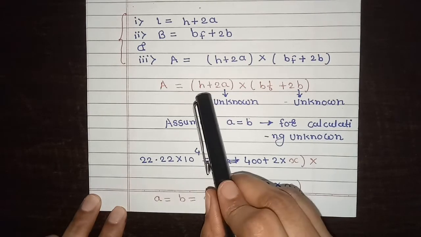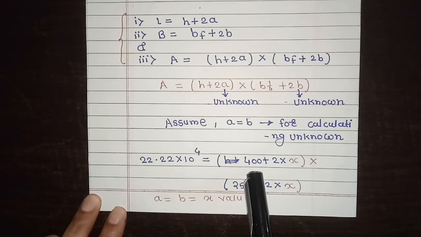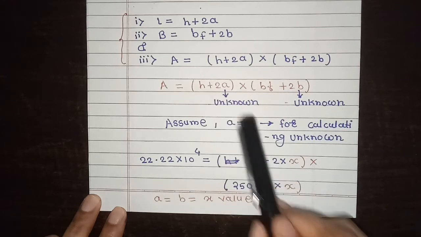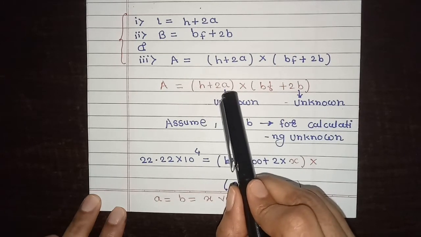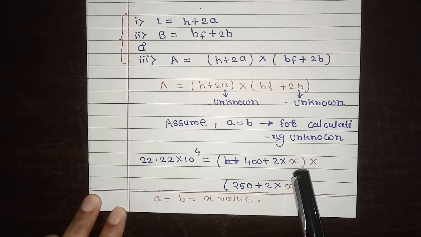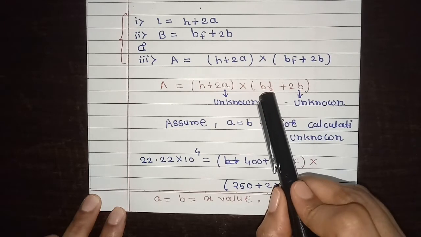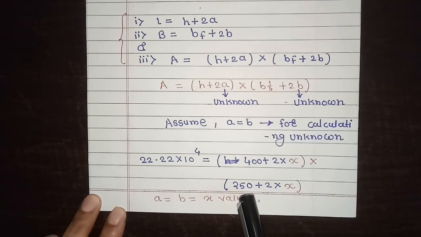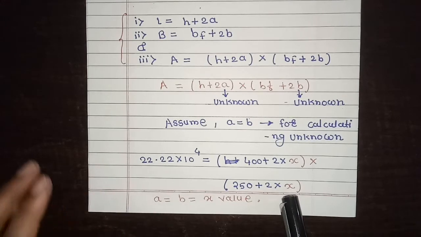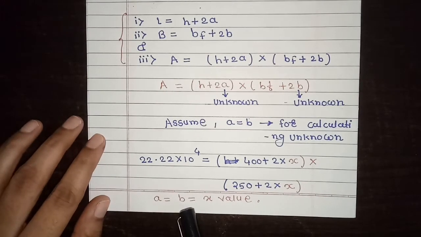Is equal to, what is the value of H? H is equal to 400 as per step 2nd, plus 2 into A, which is X, into BF is equal to 250 as per step 2nd, plus 2 into B, which is X. So A is equal to B is equal to X value.